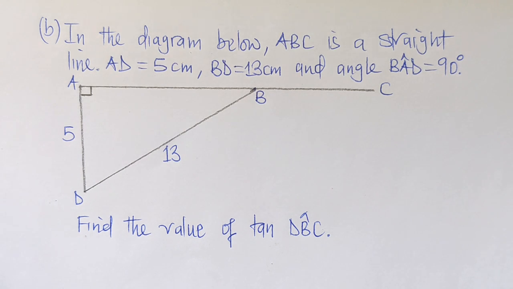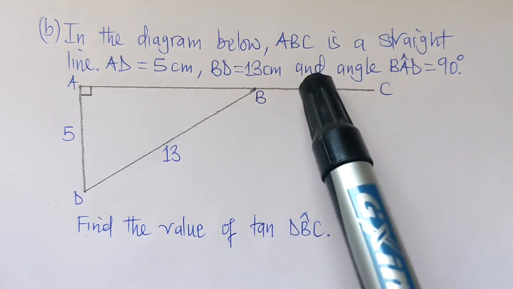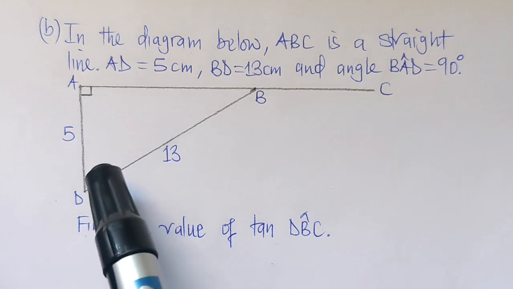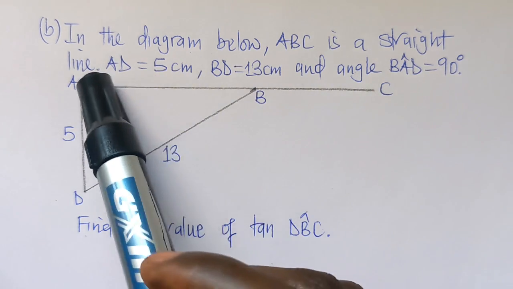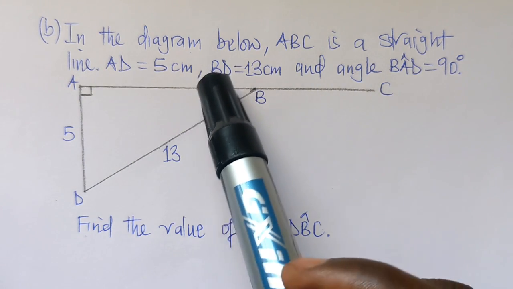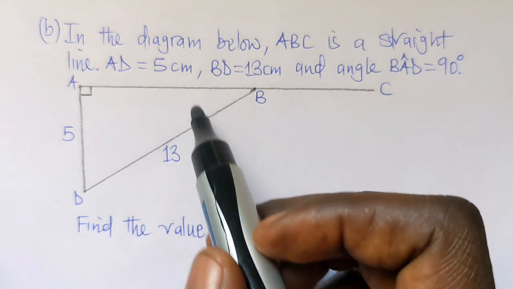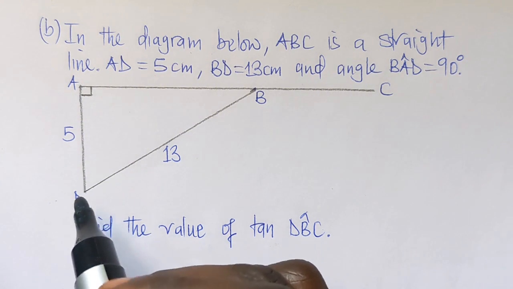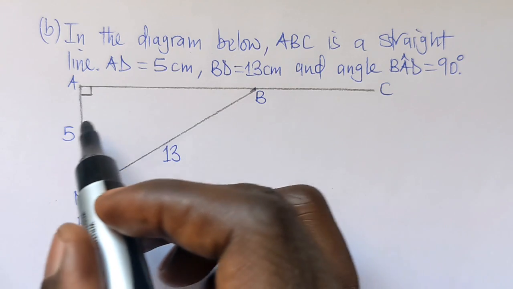So now, to get tan DBC, the value of this tan, which is actually negative because it's more than 90 degrees, we are going first of all to get the value of tan DBA, which is this measure here. This measure is less than 90 degrees, so we expect its value to be positive. Now, tan theta is equal to opposite over adjacent.